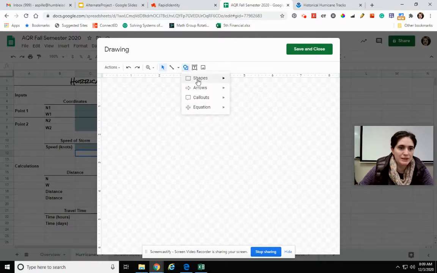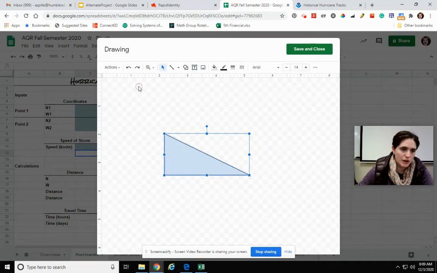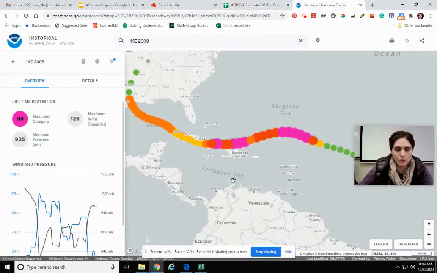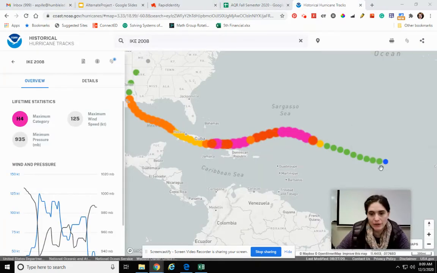I started with this, so I'm going to just use this. So basically, our hurricane, even though it's kind of a roundabout type of a thing, it started way over here. It ended over here. So basically, it went some direction to the west. It went some direction north. So we can think of it as a big triangle, even though the actual path moved like this, but we're just going to simplify it.